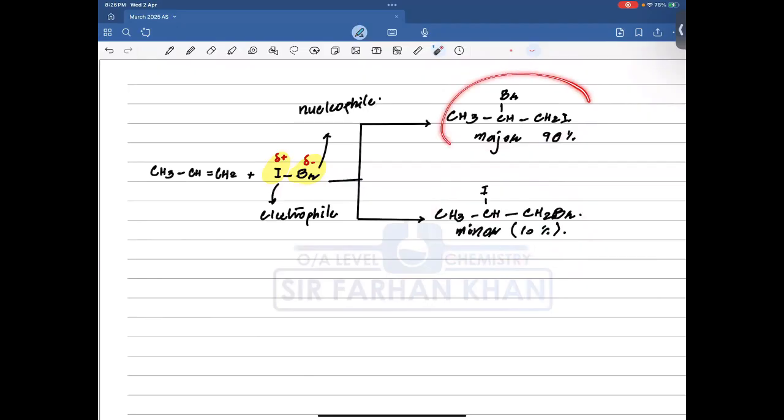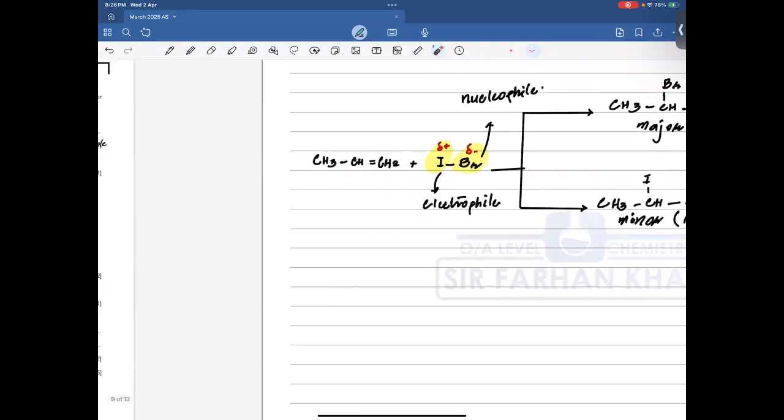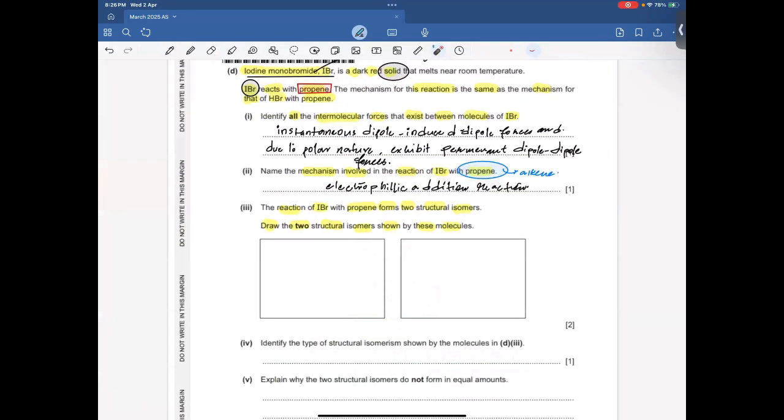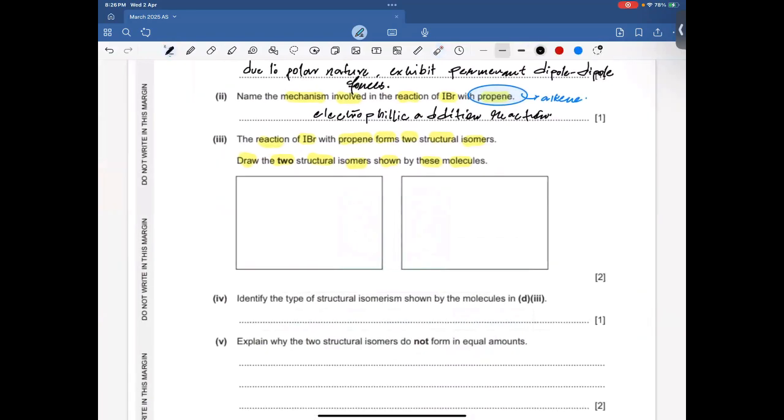So let me draw these two structures. This is CH3. This is CH. This is Br. This is CH2. This is I. This is CH3, CH, I, CH2Br.